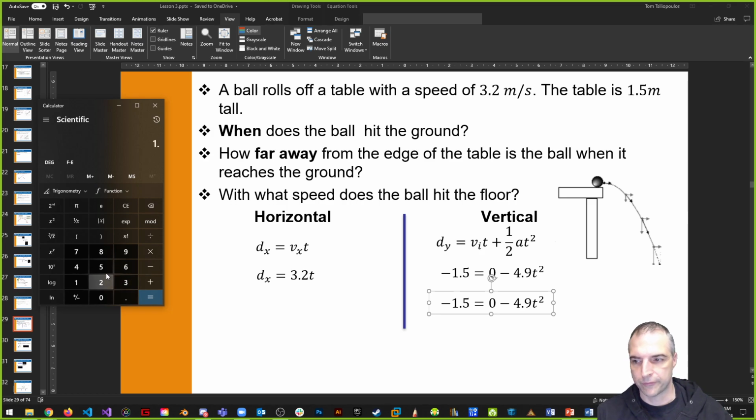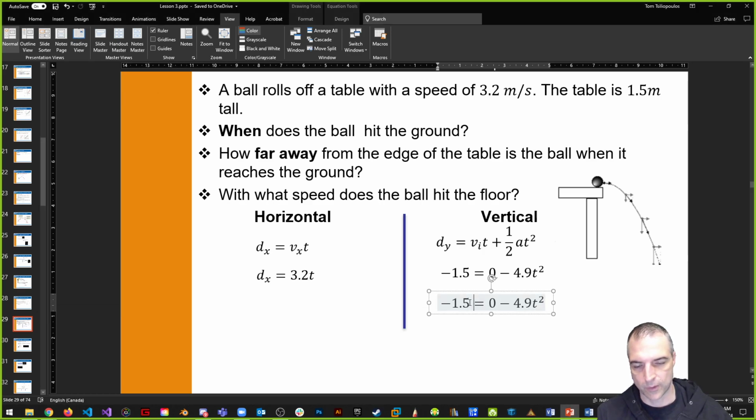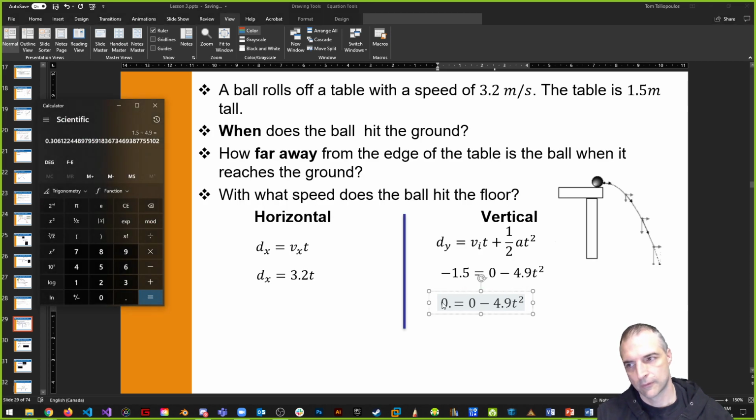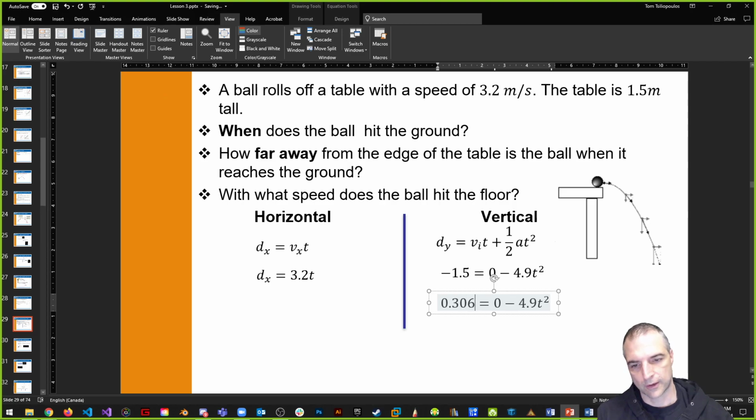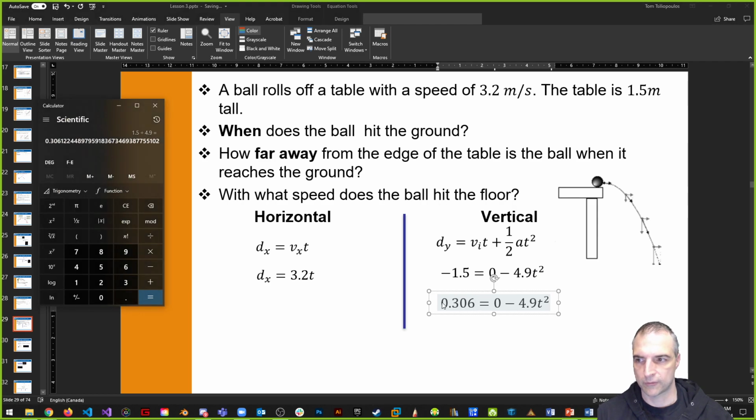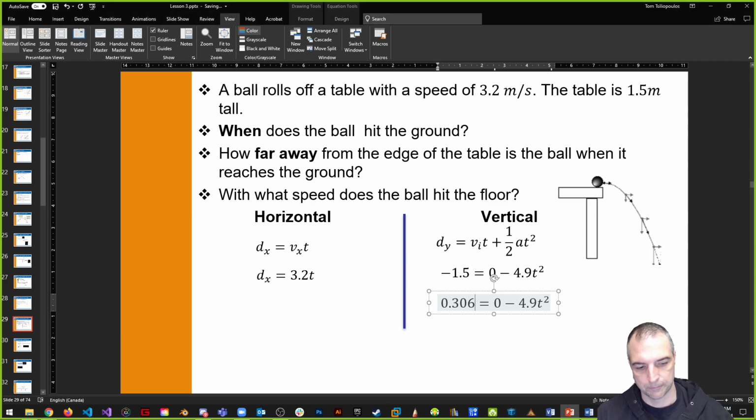So 1.5 divided by 4.9, all right, which works out to be 0.306. That's t squared, right? We'll just take it to 4 decimal places just to be nice. So 0.3061, okay? And we know that t squared is equal to that.